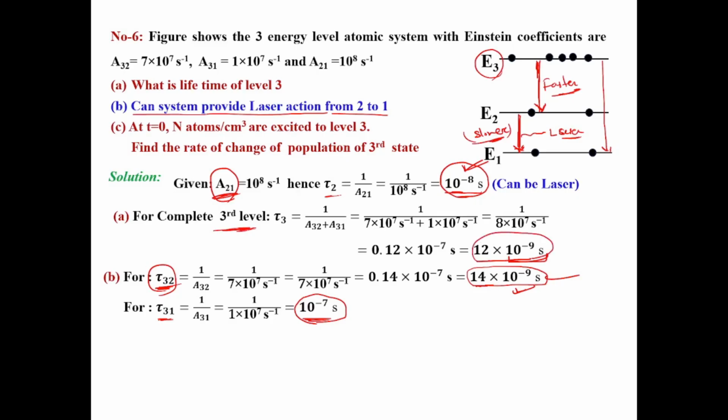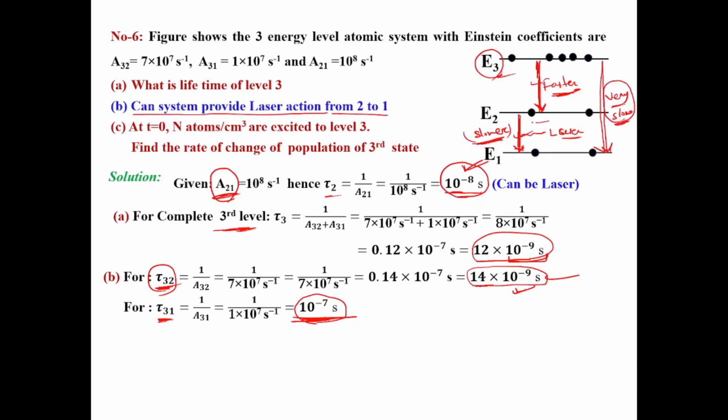Then if I consider 3 to 1, it is very slow as compared with this one and this one. So this is faster, this is slower, and this transition is very slow. That means the transition from 3 to 2 happens at a faster rate, but 3 to 1 at a very slow rate, and 2 to 1 at a slower rate.